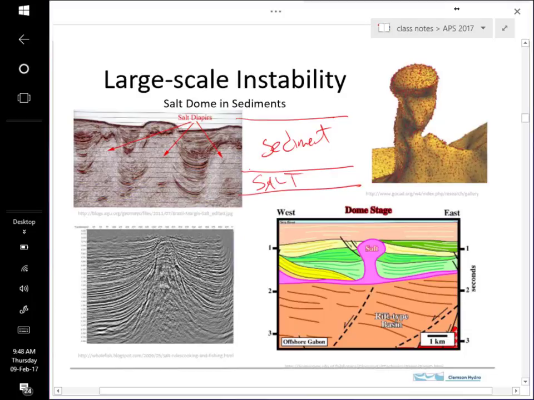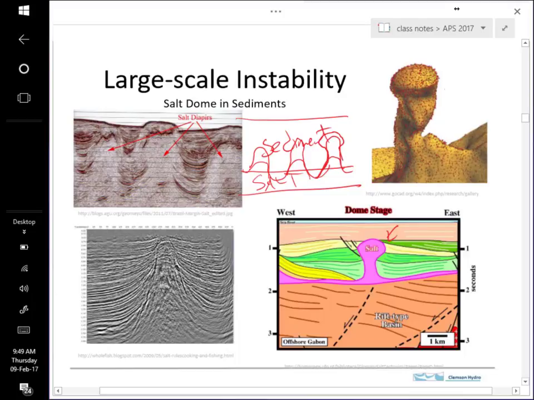The sediments at this large scale behave like a fluid, and so you've got dense over light, and that's unstable. It starts forming into a wavy pattern, and then these grow and form these diapirs. In some cases they grow and then have this kind of enlarged head, like is shown here and to some extent here.